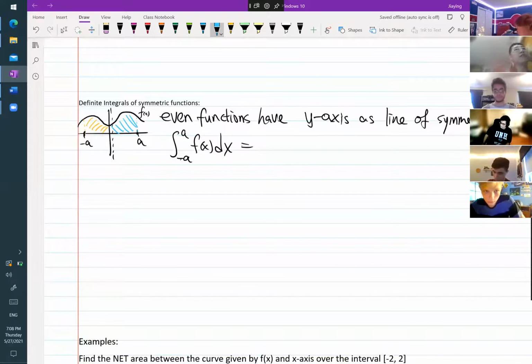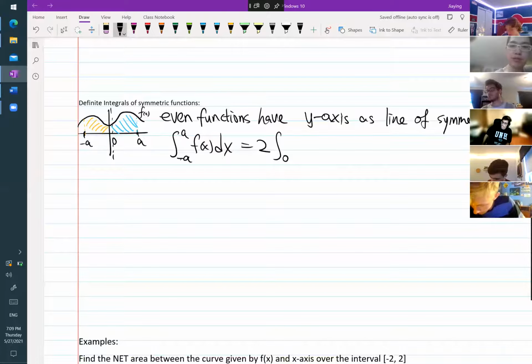We're looking for the net total area when we integrate. So instead of integrating from negative a to a, why don't we just integrate from 0 to a, but that will be only half of it. We just need to double that part. So that's the same thing as 2 times the integral from 0 to a of f of x dx. For even functions, that's always true.